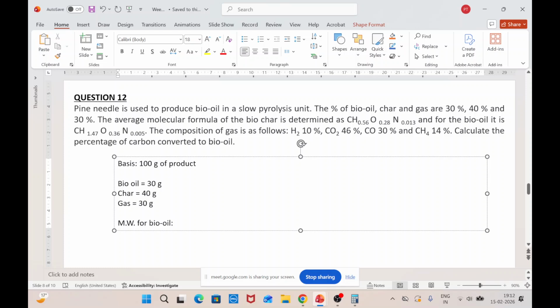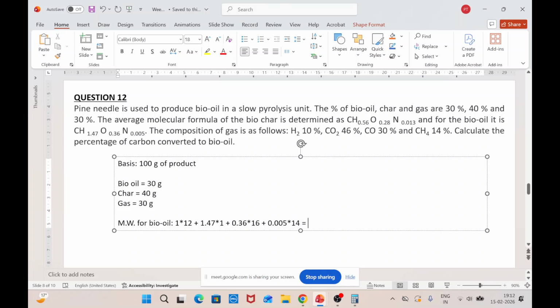To calculate the molecular weight for bio-oil, it will be 1 times 12 for the carbon, then for hydrogen 1.47 times 1, for oxygen 0.36 times 16, plus for nitrogen 0.005 times 14.